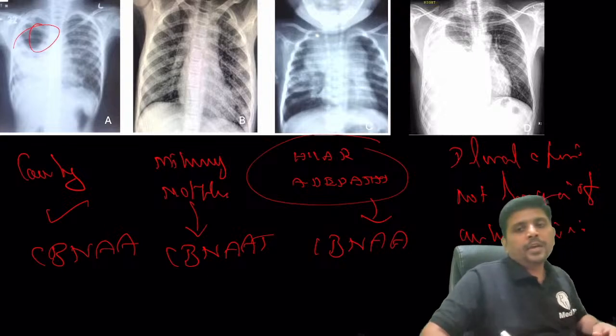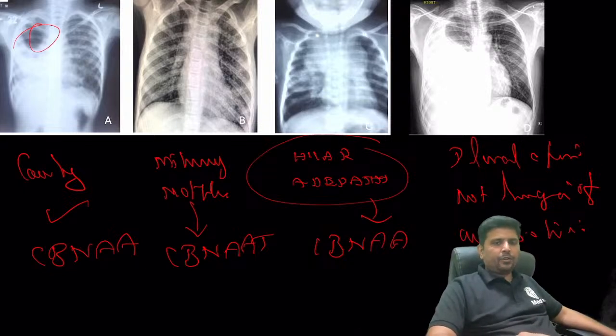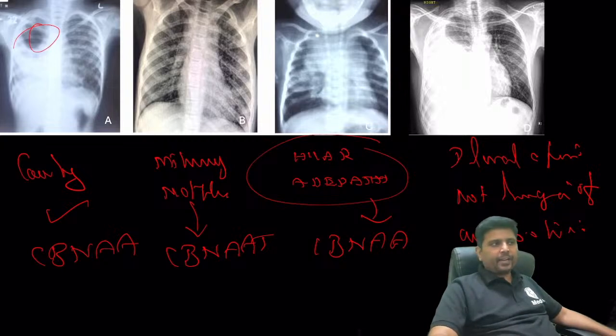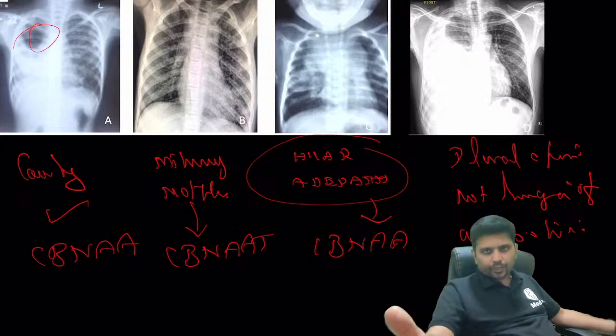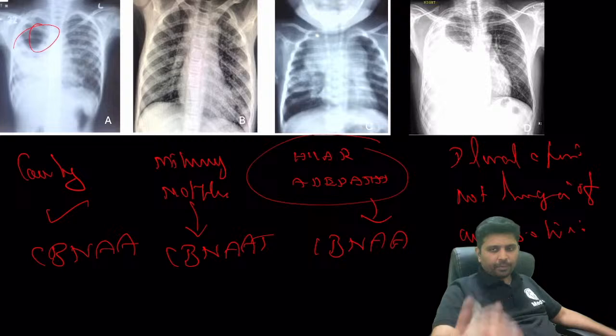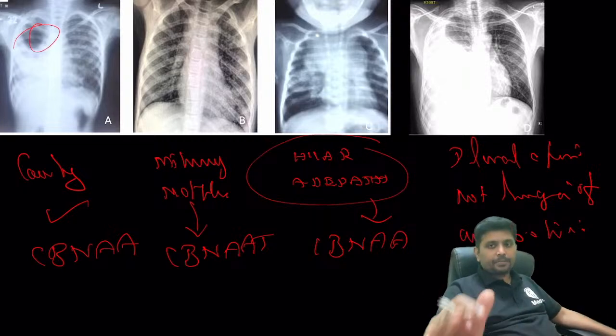Even though people say unilateral slow onset pleural effusion is suggestive of TB, as far as your entrance examination is concerned, miliary mottling, hilar adenopathy and cavity only are suggestive of TB and you need to go for CBNAAT directly. For the rest of the X-ray findings you need to choose antibiotic rather than CBNAAT because they are not TB specific X-rays. TB specific X-rays, take CBNAAT. Non-TB specific X-ray, try antibiotic. That's all.